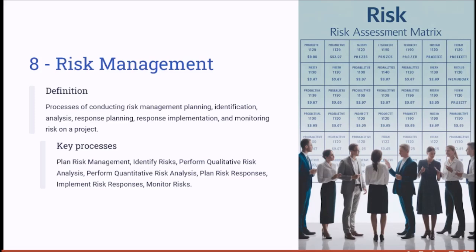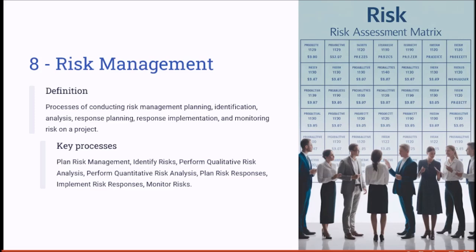The key processes involved in project risk management include plan risk management, which defines how to conduct risk management activities for the project. The next key process is how to identify the risks: identifying individual project risks, as well as sources of overall project risk, and documenting their characteristics.